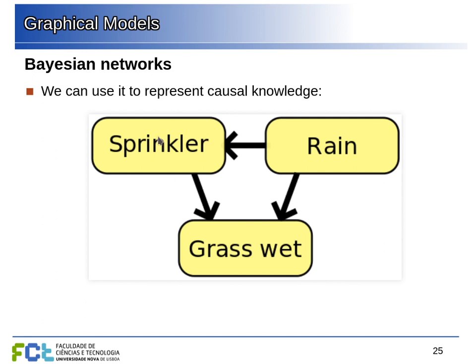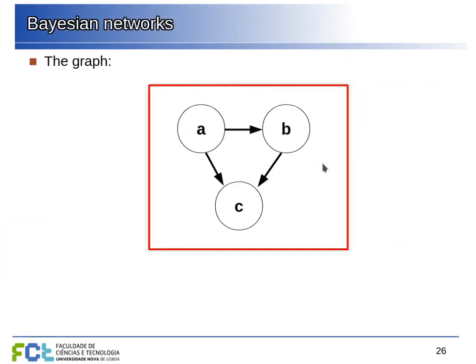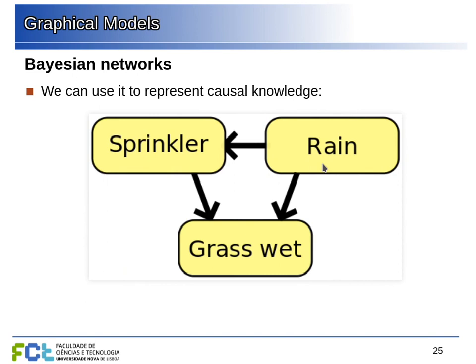On the other hand, we generally do not turn on the sprinklers if it rained, because that would just waste water. It would not be necessary. So the probability of turning on the sprinklers will depend on whether or not it rained. And rain is something that we do not control here. So the probability of rain is just some variable here that is independent from the rest. So this way we could represent these kinds of relations between the different variables.